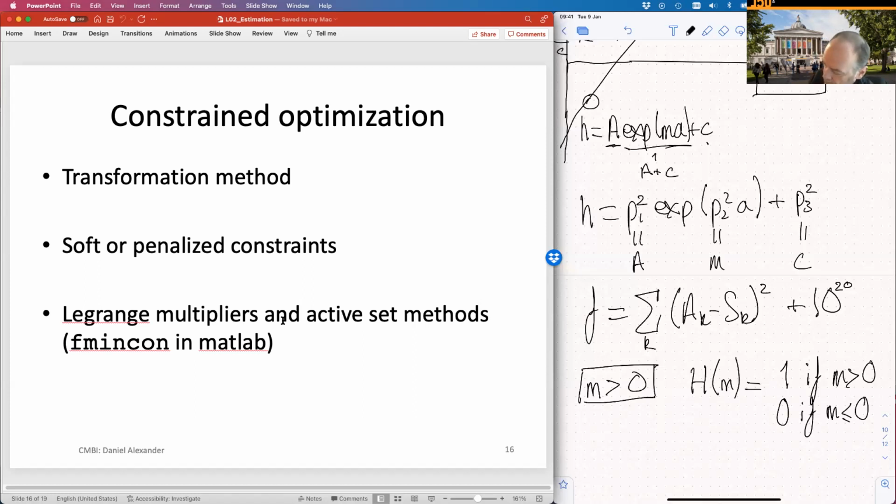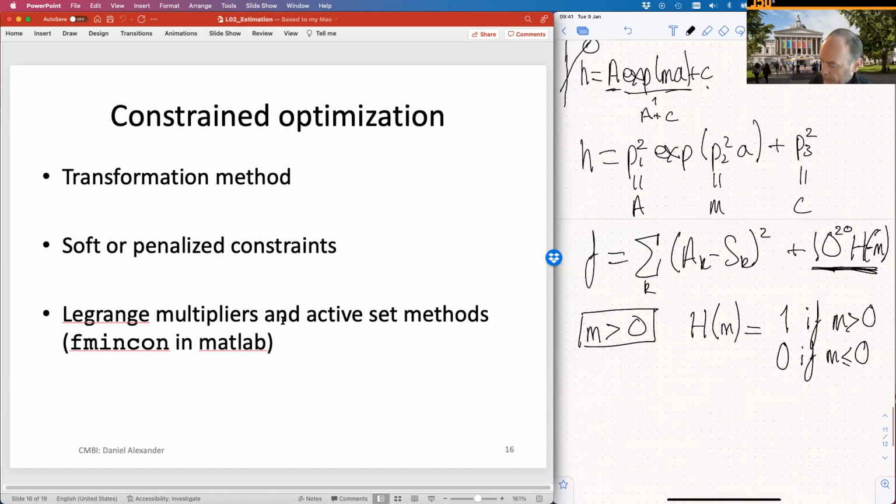So we might then add to our objective function an enormous number times the Heaviside of minus M, because we don't want to add the big number when M is positive. We only want to add it when M is negative.